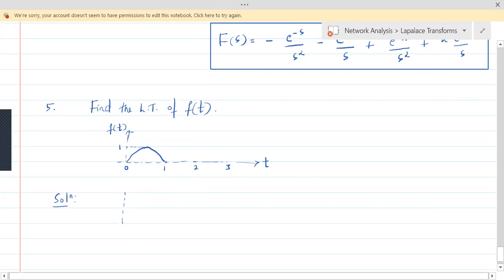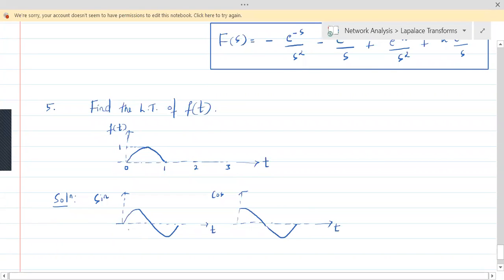If you all know that if the signal is like this, then it is sine. If the signal is like this, then it is cos. These are all t's.